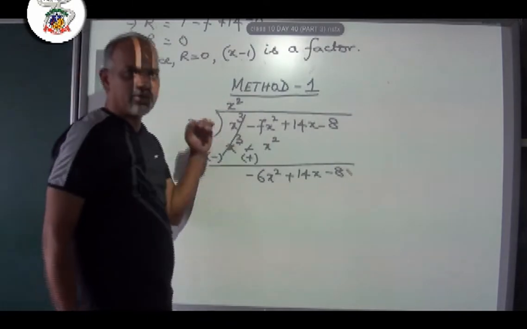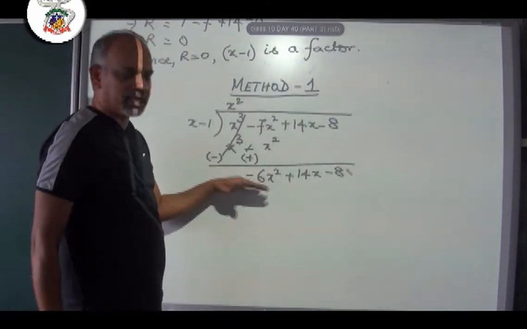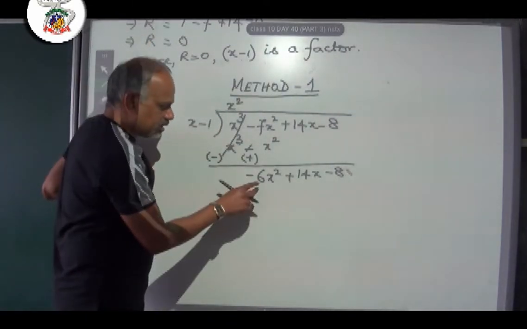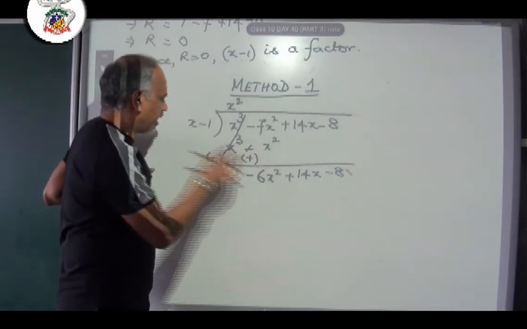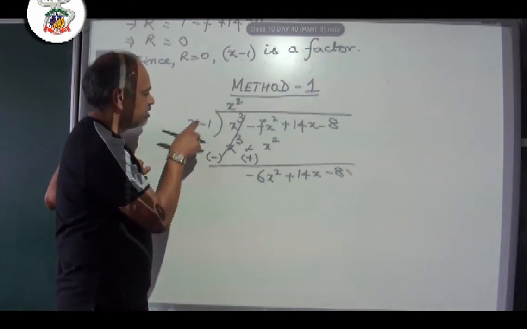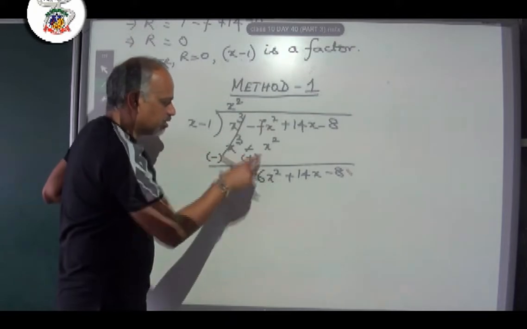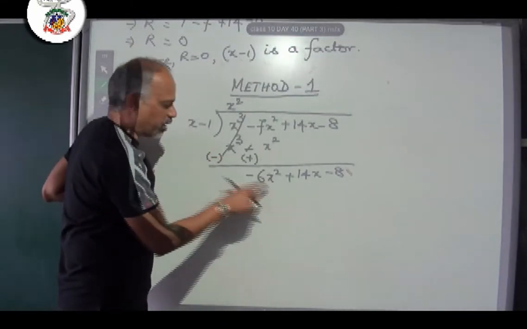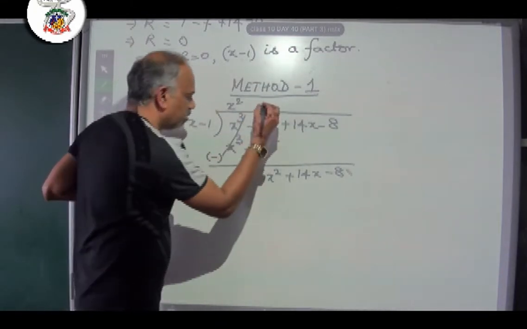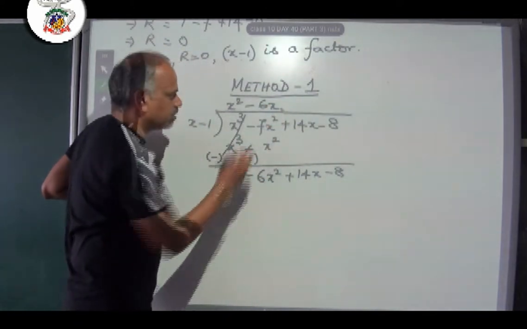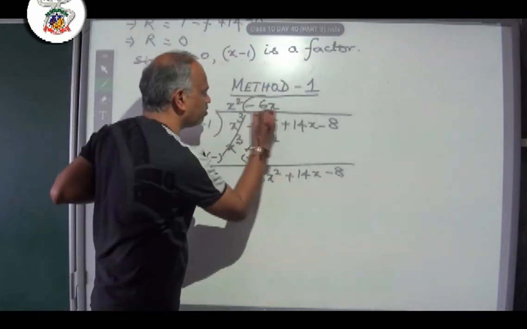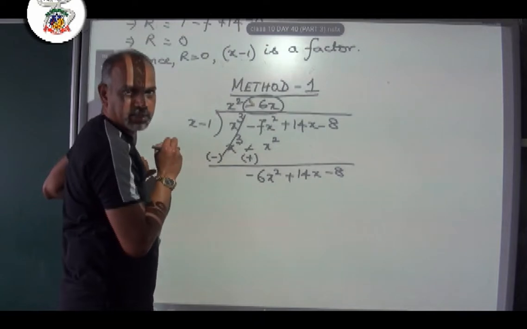So the first part of the division is over. Now to do the second part. Again, if you look at the first term here, you have a minus 6x squared, and here it is x. So this x has to be multiplied with something to give you minus 6x squared. So x into minus 6x gives you minus 6x squared. So that's the second term that we got in the quotient.